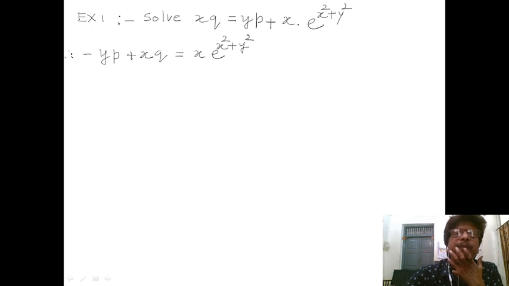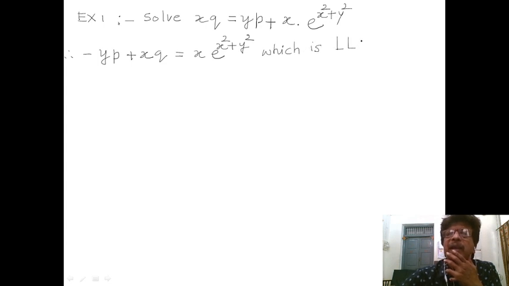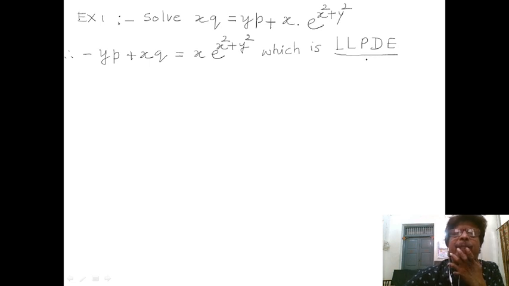So we observe that it is of the type Pp plus Qq equal to R, which is Lagrange's linear partial differential equation. You must mention each and every specific type.